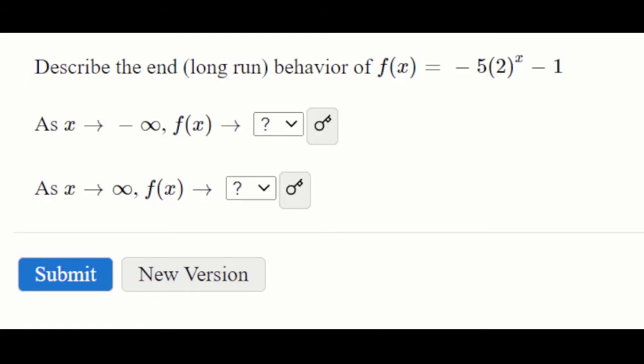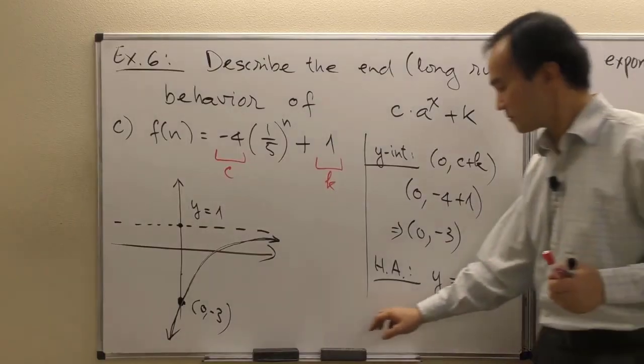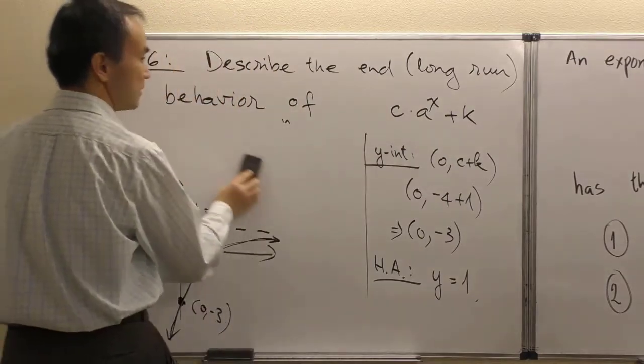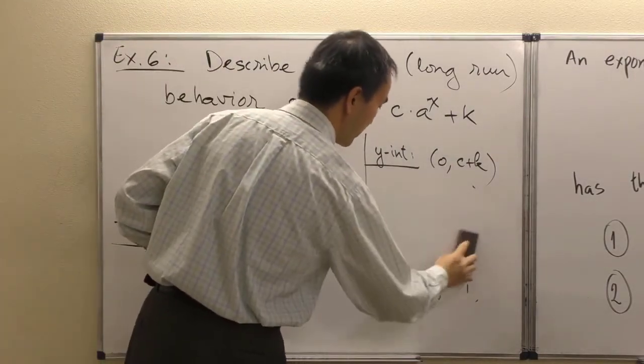Now we arrive at part D of the example. Another quick one for us to try: f of x equals negative 5 times 2 to the x, minus 1. Let me spend some time writing this down.